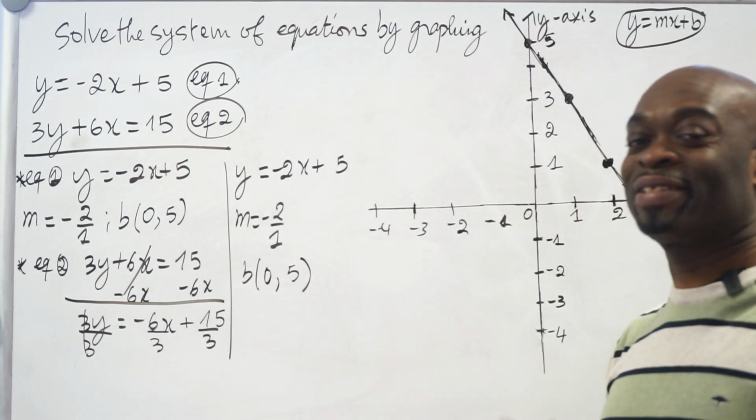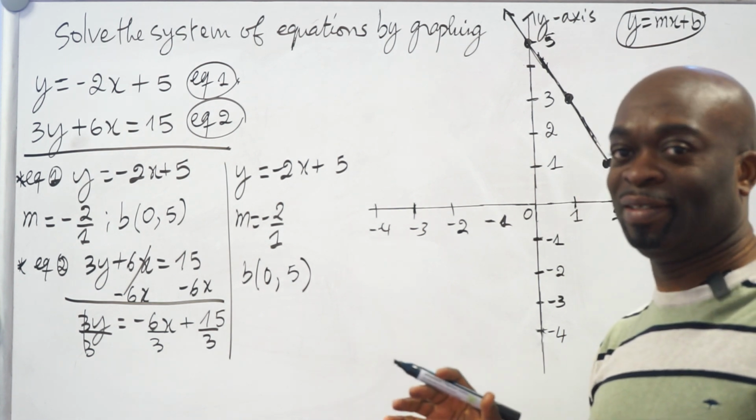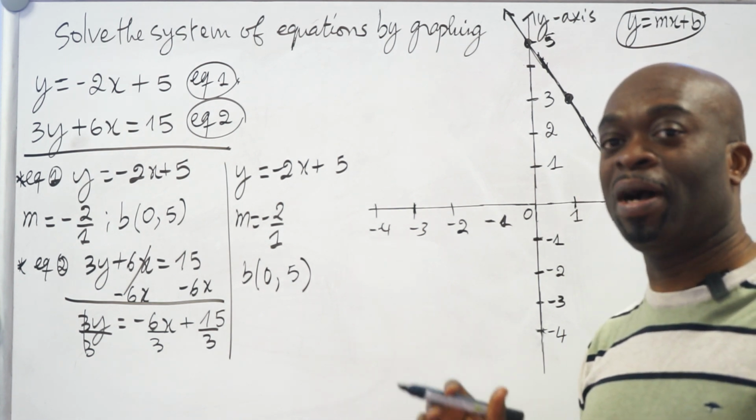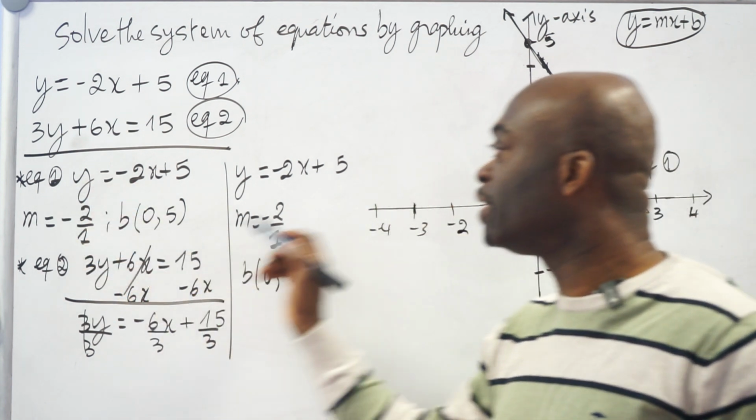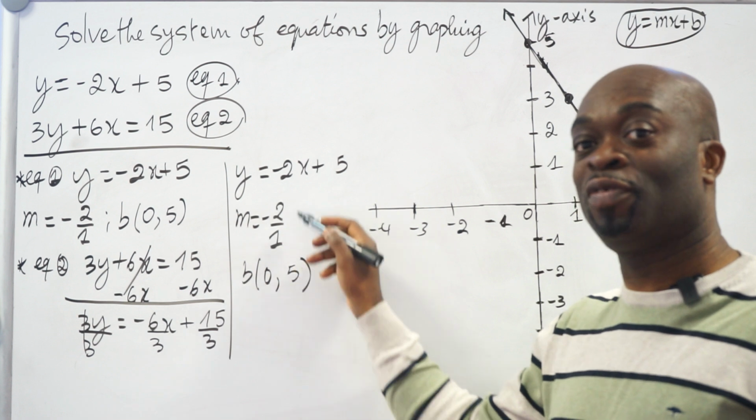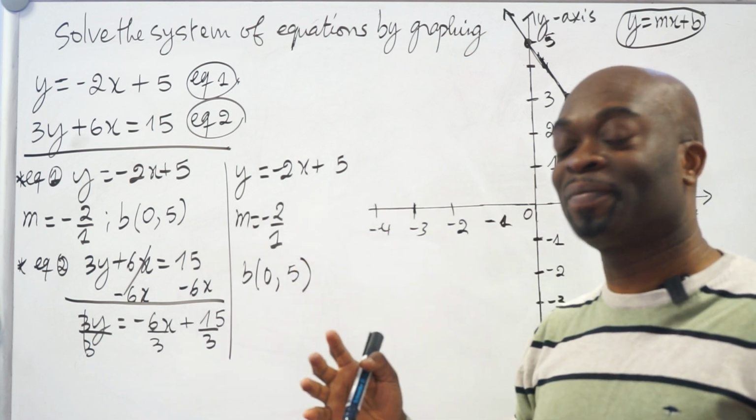But something you can already see is a pattern happening. The slope is negative 2 over 1 for the first equation, and for the second equation the slope is also negative 2 over 1. So the slope is the same.